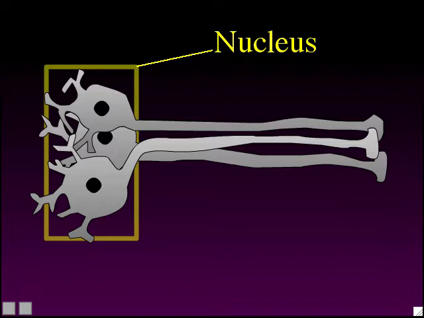As another review question, in the peripheral nervous system, we also had a term for bundles of cell bodies. Does anybody remember what that is called? The answer is a ganglion. So again, we have 2 different words for essentially the same thing. A bundle of cell bodies in the central nervous system is a nucleus. A bundle of cell bodies in the peripheral nervous system is called a ganglion.